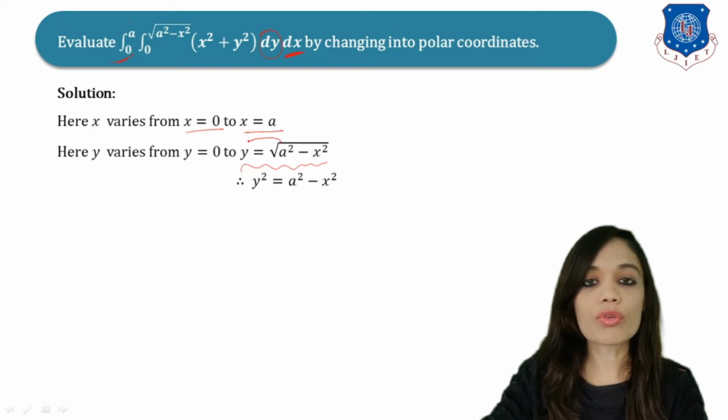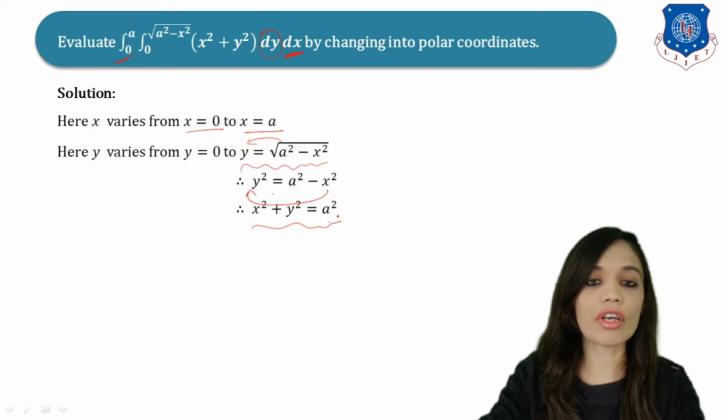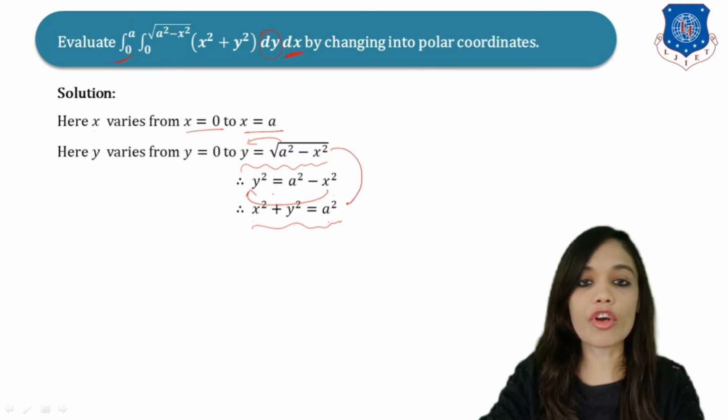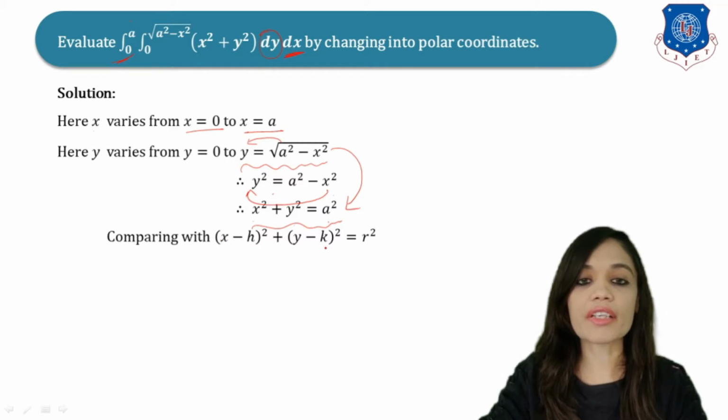Take the square on both sides. So what will you get? y square equals a square minus x square. Now take this x square to this side, so you will get finally the equation x square plus y square equals a square. This is the final equation derived from this limit. Now we will compare it with x minus h whole square plus y minus k whole square equals r square.